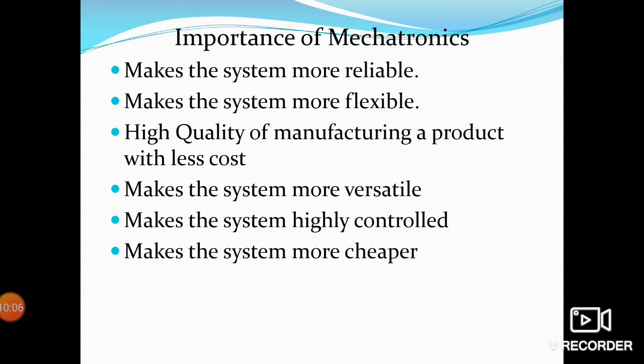And because of the less cost, the number of workers working on different machines can be replaced by one automated machine with a single operator. That is how we reduce the manufacturing cost, and it makes the system more versatile. Versatile means expansion. You can go for the expansion of the system. You can go for the renovation of the system with the integration of automation or mechatronics components. It makes the system highly controlled.